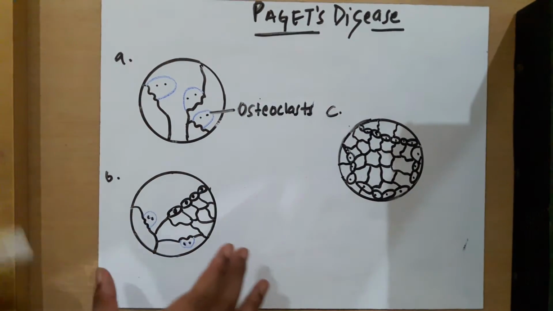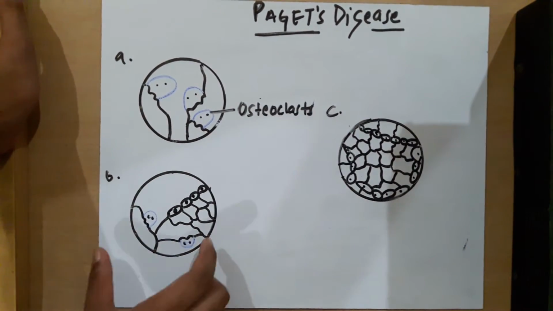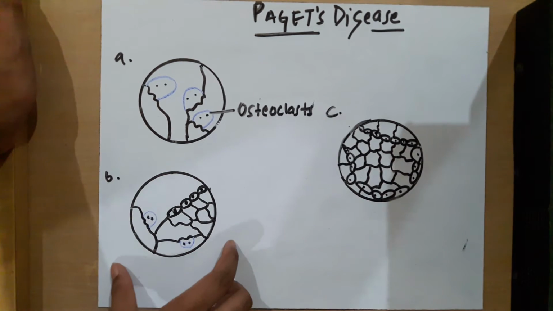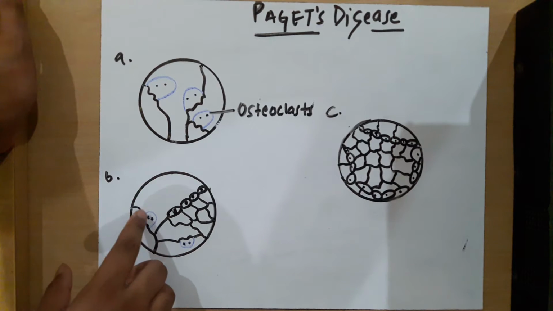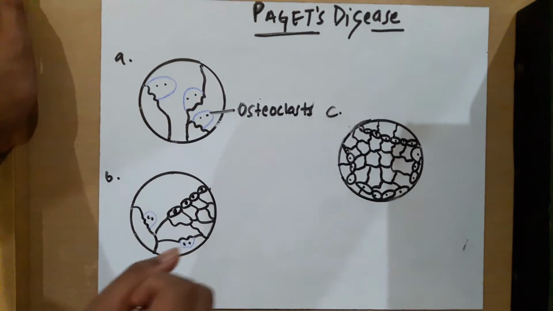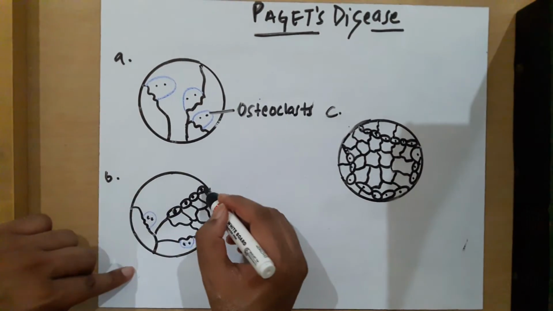Then coming to the second, B, the mixed osteolytic and osteosclerotic stage. Here the osteoclasts are showing areas of osteoclastic bone resorption, and these are the osteoblasts.